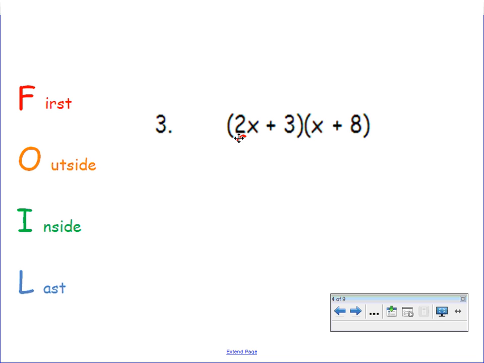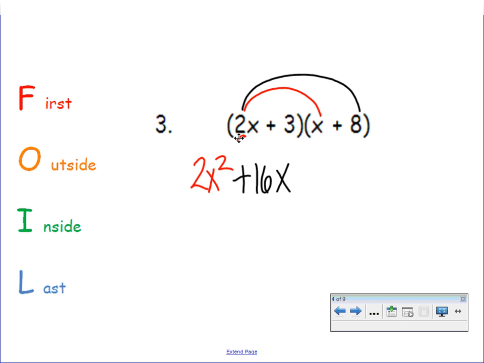So follow our steps. First terms, 2x times x. That gives me 2x squared. Now I want my outside terms. That's 2x times the positive 8, which gives me positive 16x. Now I need to take my inside terms. 3 times x gives me 3x.